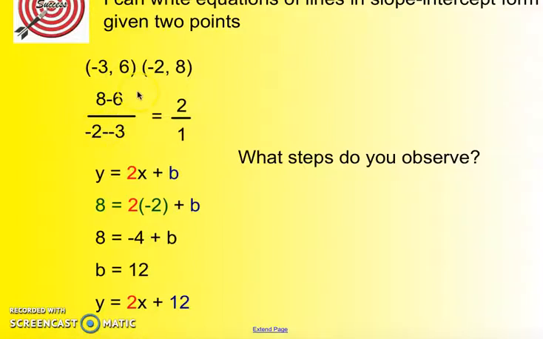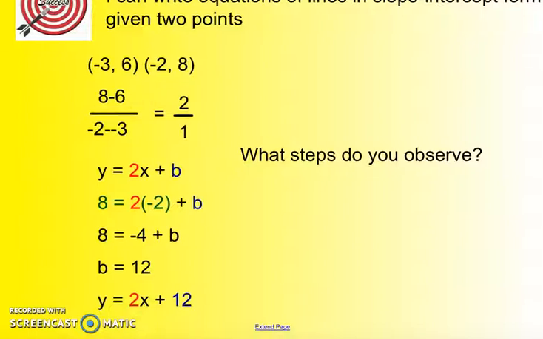Well, I recall that in a previous video when we were talking about slope, when we subtract the y coordinates divided by the difference in the x coordinates, I get my slope, which is rise over run. And so it looks like that is going to be my first step, is to find the slope. So the slope is 2 firsts, or 2 wholes.